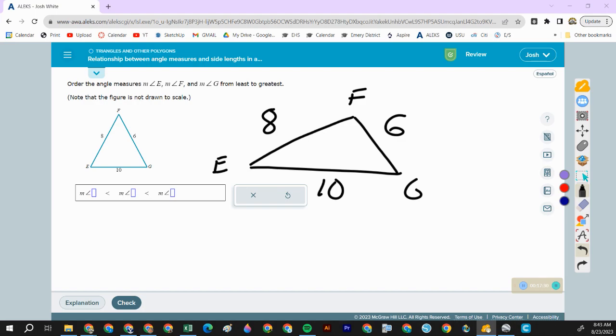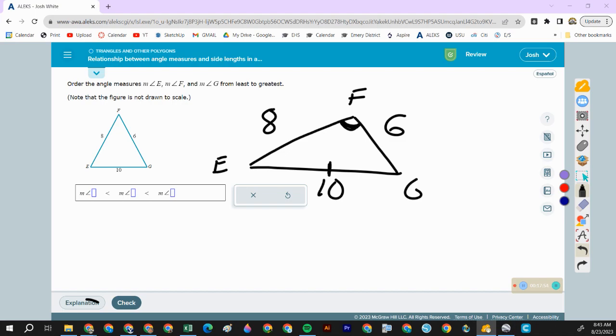What makes an angle of a triangle really large? It opens toward the largest side, right? So this angle is the biggest because this side is the biggest, right? The wider the side, the bigger an angle it takes to grab it.